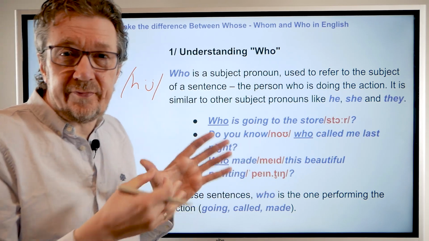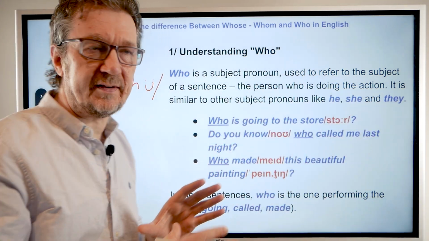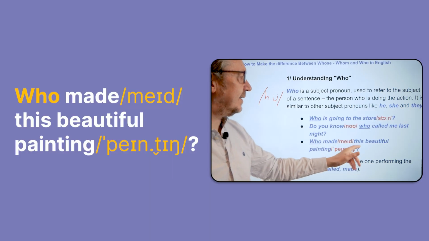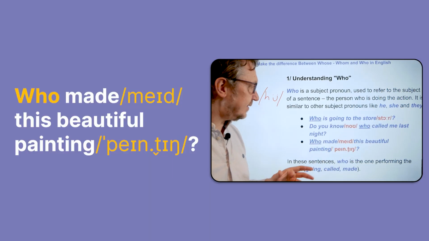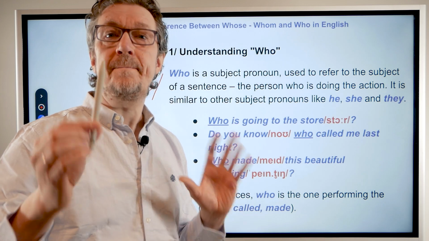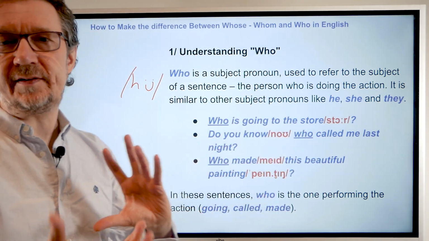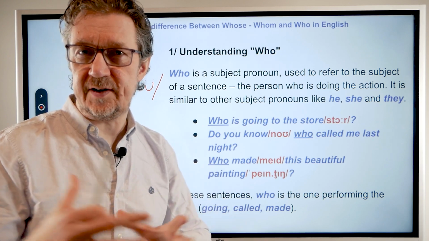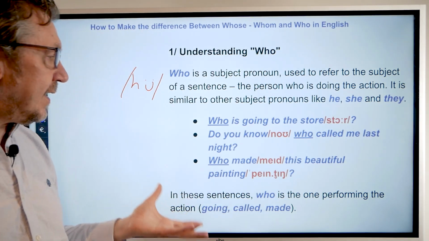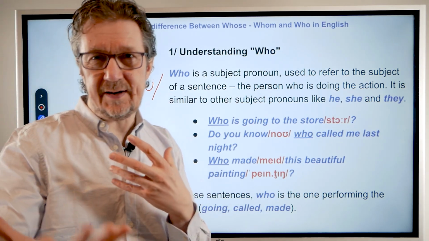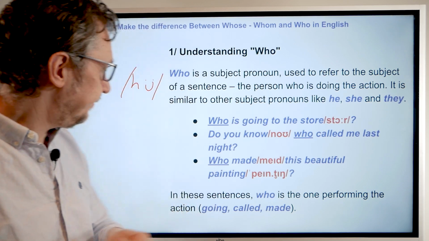Again, this is referring to that subject of the sentence. Who made this beautiful painting? So again, you want to find out the person that it is. It's almost like a subject pronoun type of thing, so he, she or they. Okay, there's a way of remembering this, but we're going to look at it a little bit later in the video.